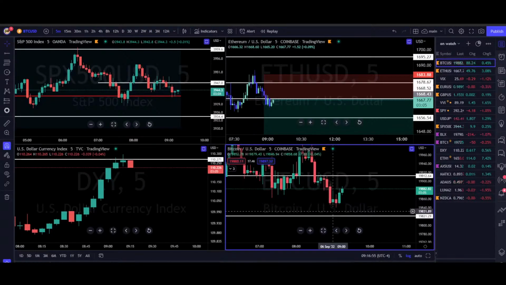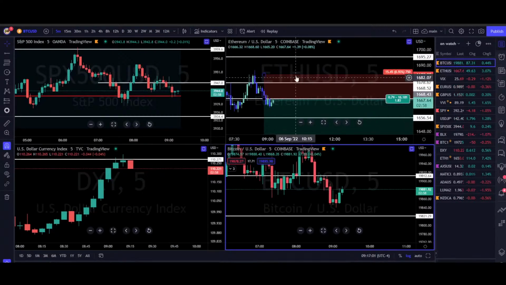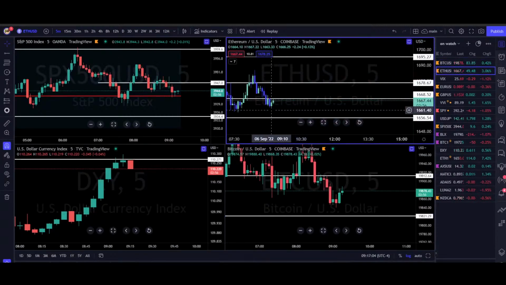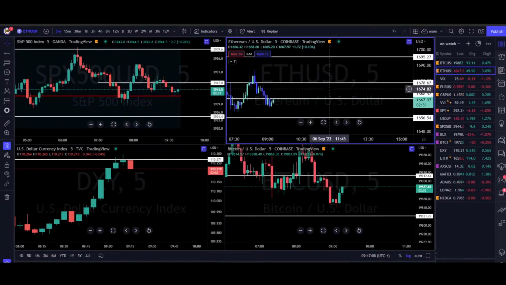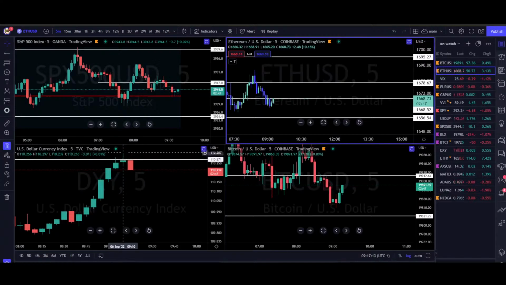That's where you would have wanted to get long, if you are assuming that this is now going to fall. If that happens, this is not going to be a short. This will find support and run higher, if that plays out.